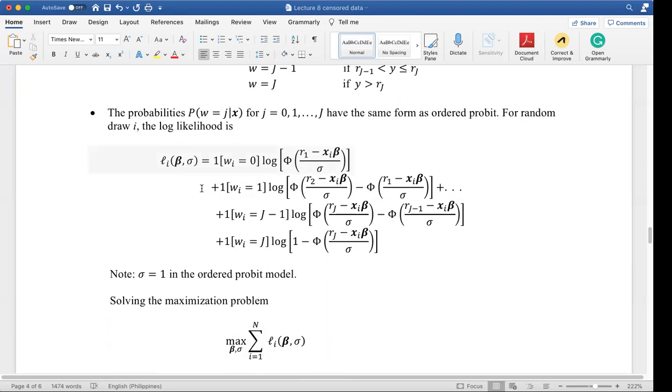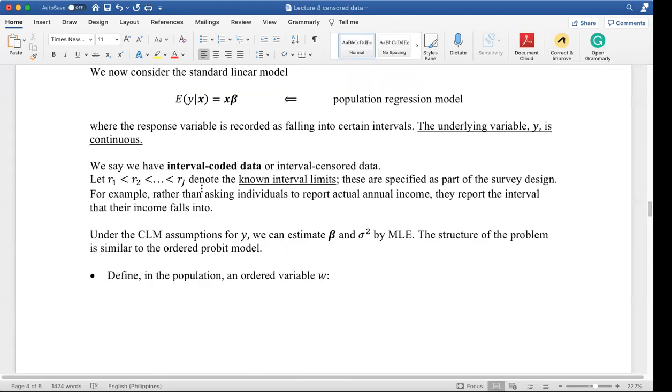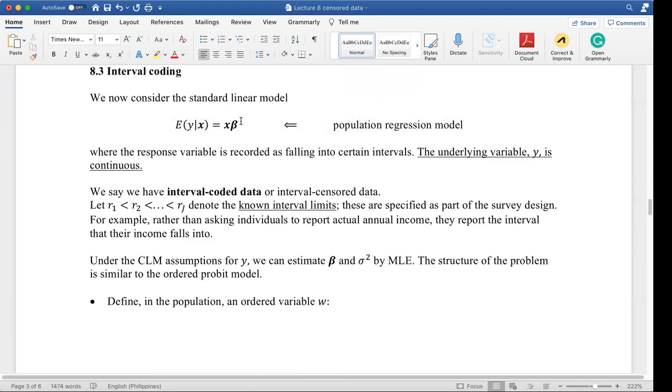Okay, so those beta, you want estimators for this beta given here, where y is equal to x beta plus u. You want the estimator for that beta. And sigma square is the variance of u given x.